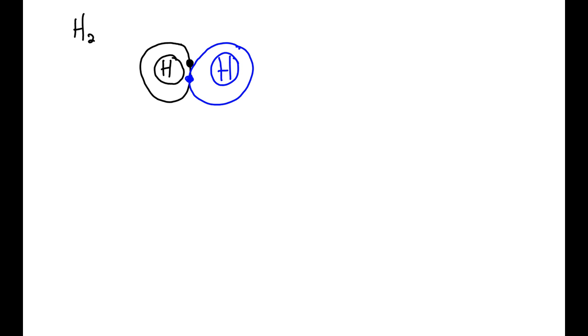They're each sharing their electrons so that they both end up with 2 electrons. Now, what do you think oxygen? Oxygen's got a total of 6 valence electrons, so how many more is it going to need? 2. And it's going to do it by sharing.